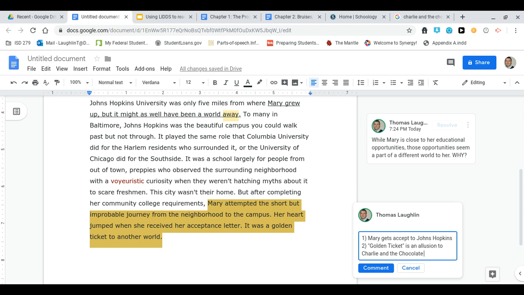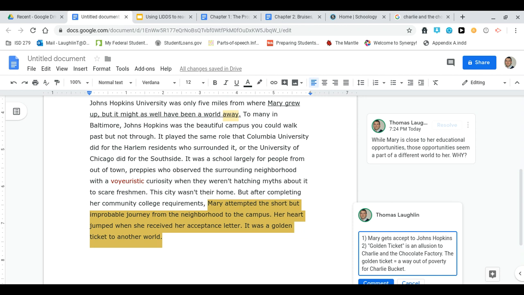Okay, and if you don't know, the golden ticket equals essentially a way out of poverty for Charlie Bucket, who is the main character. It's not Willy Wonka. Charlie Bucket is the main character. So Willy Wonka is the weird candy man, but Charlie Bucket is the poor kid who has a good soul. Okay? So the golden ticket for him is a way out of poverty.